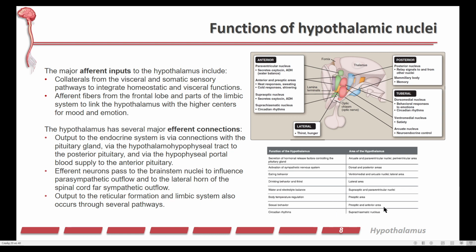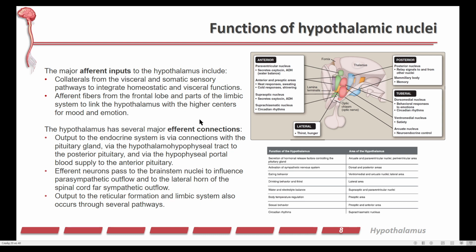We also have centers which control sexual behavior, circadian rhythms, and centers for the endocrine system, for the releasing factors, and for the ANS as well. Sympathetic and parasympathetic nervous system control comes from the hypothalamus.